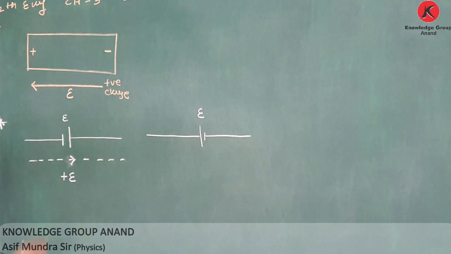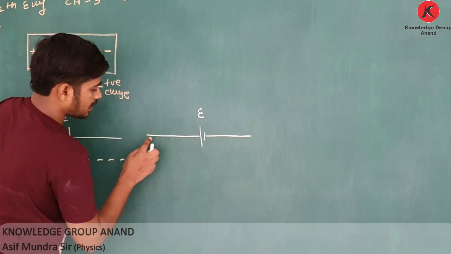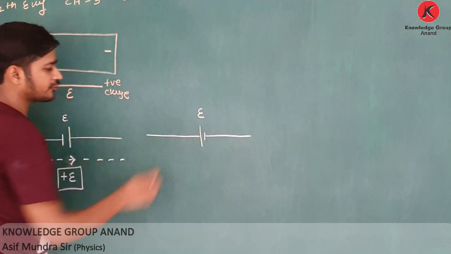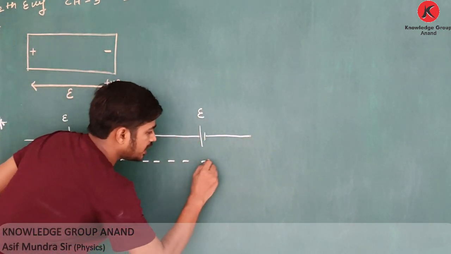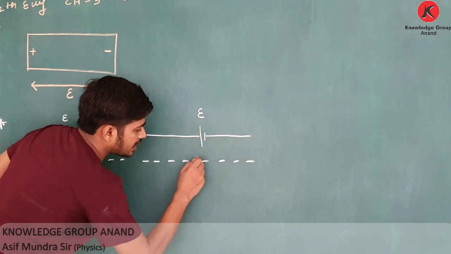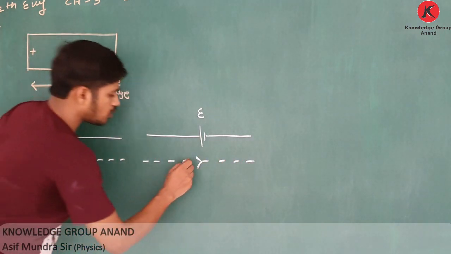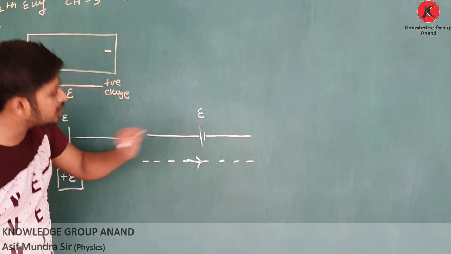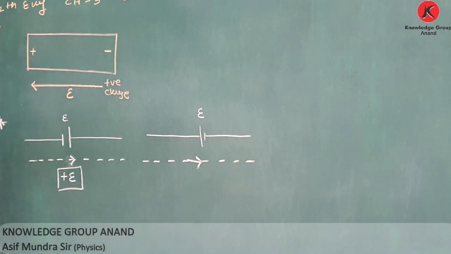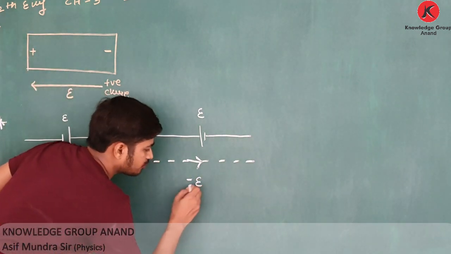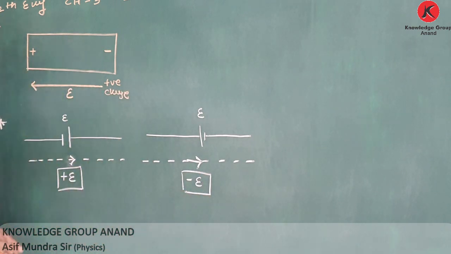When you move through the battery from the negative terminal to the positive terminal, its EMF is plus E. Similarly, if you are moving in such a direction that you have to move from the positive terminal to the negative terminal, the polarity is changed, which means you have to consider EMF as minus E. So simply, how to remember?